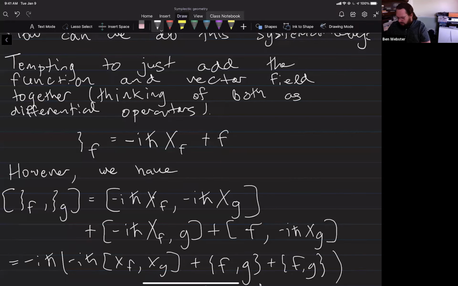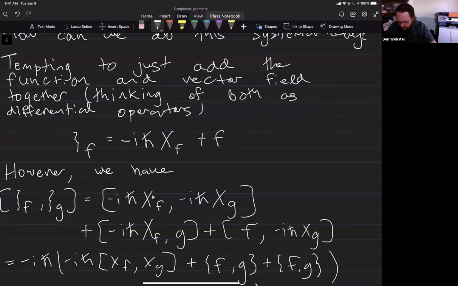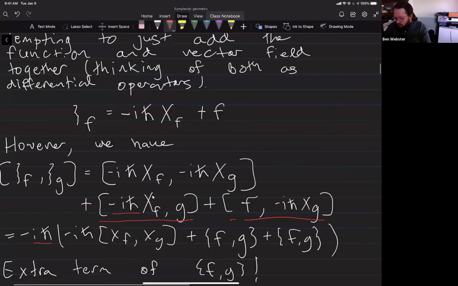So if you go through it, taking the commutator of X_f with g and of f with X_g, both of those give you the Poisson bracket. There's a factor of minus i h bar, but I pulled that out at the front. So I've got the Poisson bracket twice coming from these.